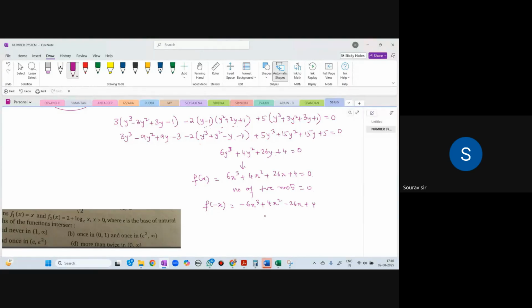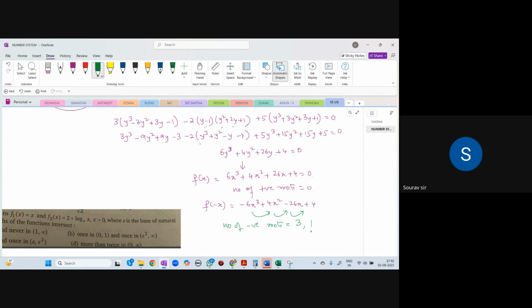This is your f(-x). So that means 1 sign change, 2 sign changes, 3 sign changes. So the number of negative roots can be 3 or 1. That is Descartes' rule.